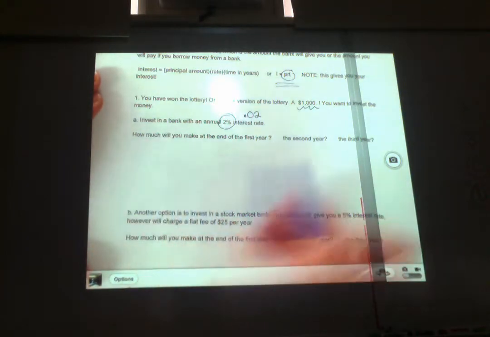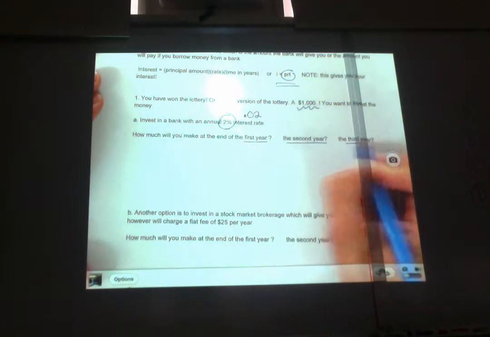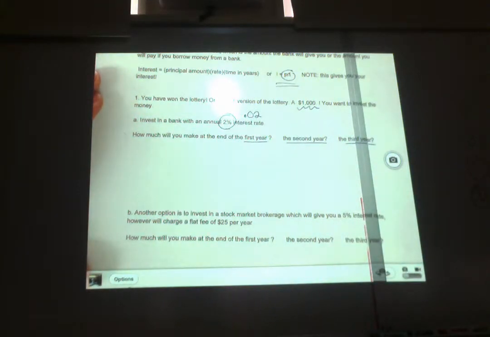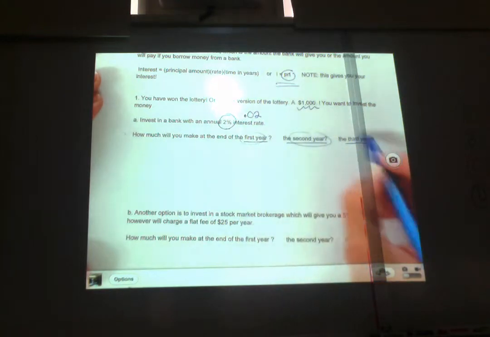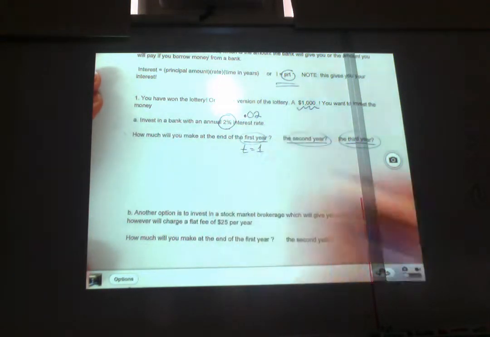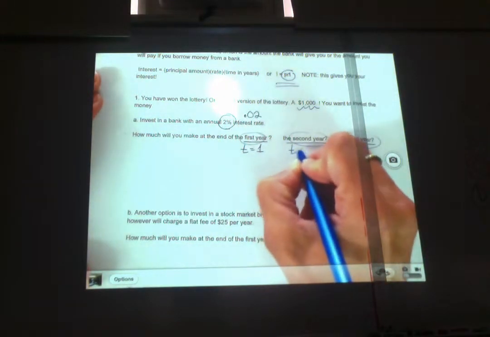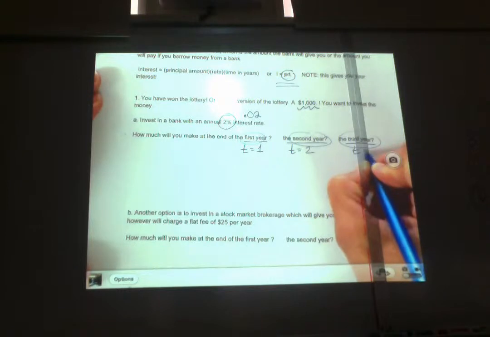How much will you make at the end of the first year, second year, third year? So we have 3 problems in one. What do years tell us? Time. So this is time where t equals 1, time where t equals 2, and time where t equals 3.